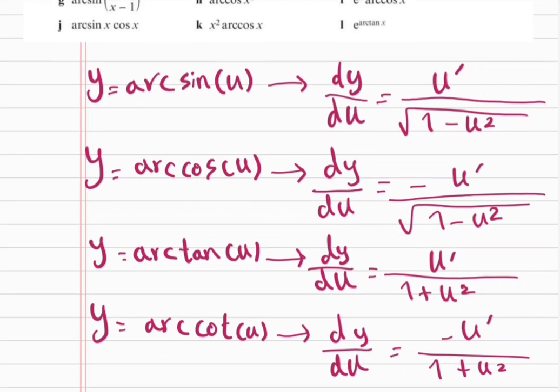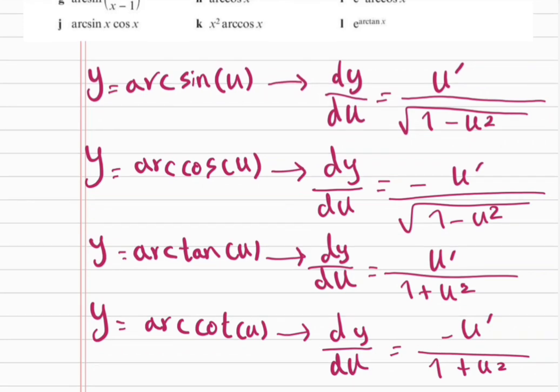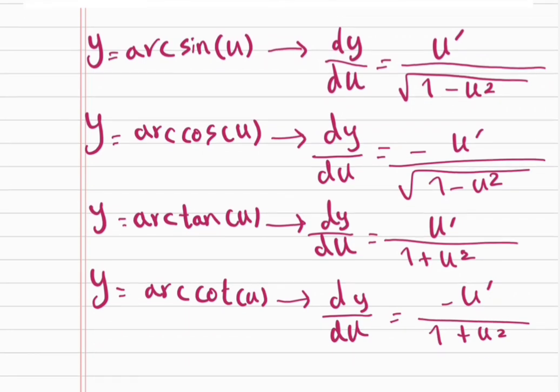But that's not true. The actual form is that, for arctan, in the numerator you actually have the derivative of the function that is inside the arctan. So I'm not saying the textbook is wrong.